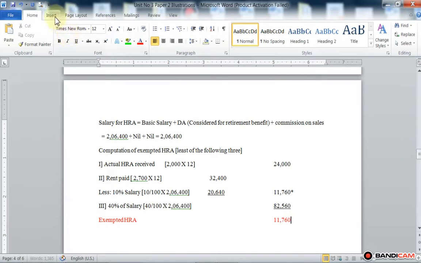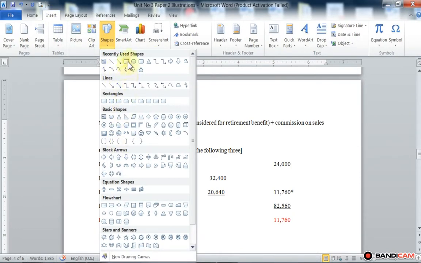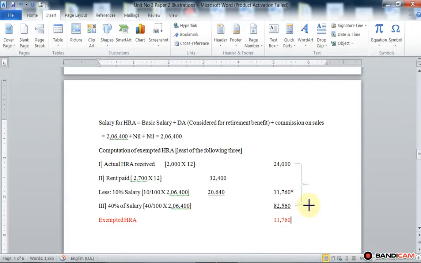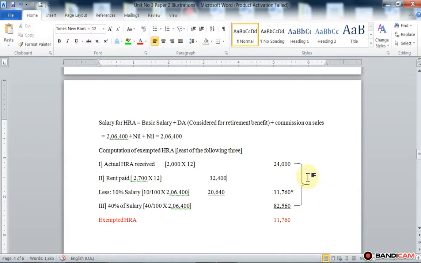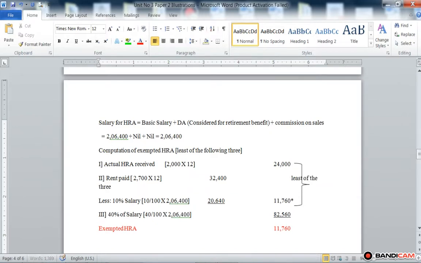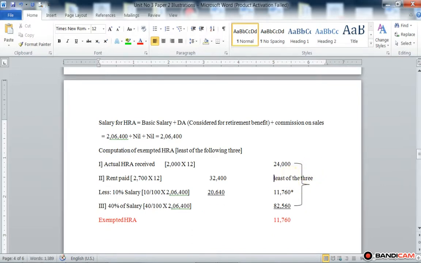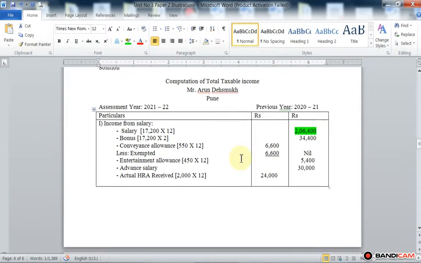Here we computed exempted HRA. Okay, it is very easy. Remember the computation of HRA. So the least of the three, that is 11,760, is deducted from actual HRA received.